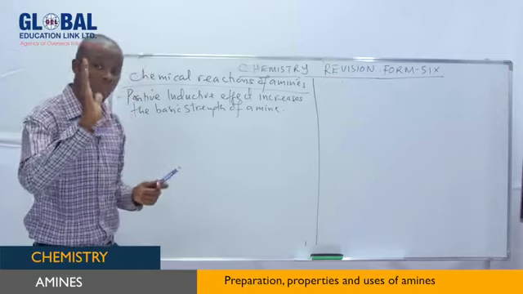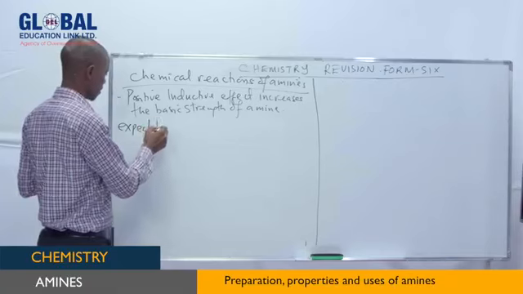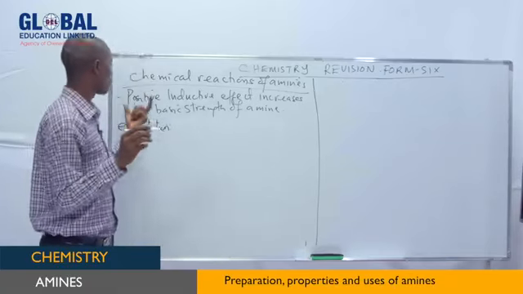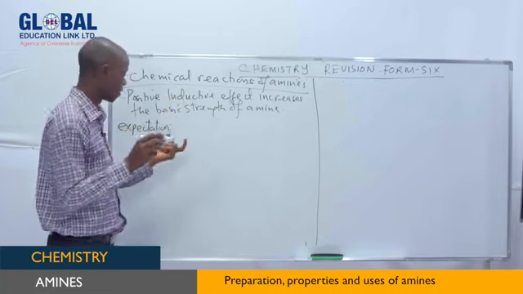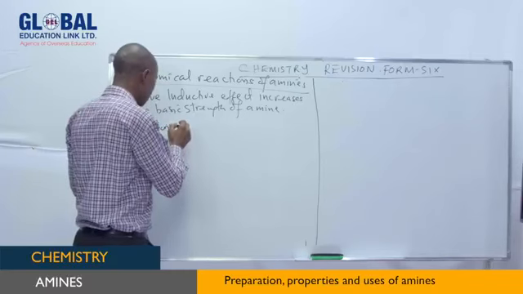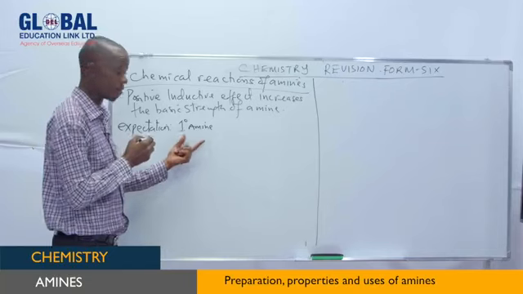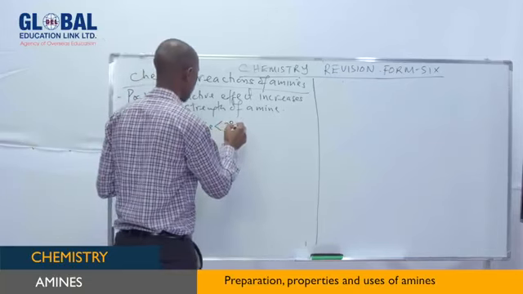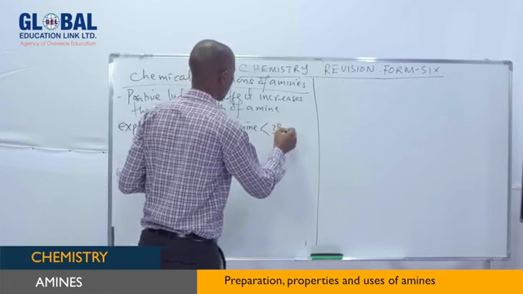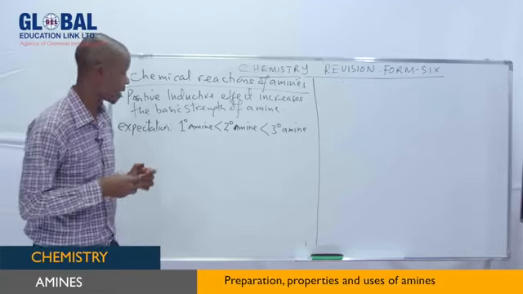Now, our expectation as per positive inductive effect is this one. We are expecting the primary amine to be the weakest base, followed by secondary amine, then tertiary amine is expected to be the strongest base.